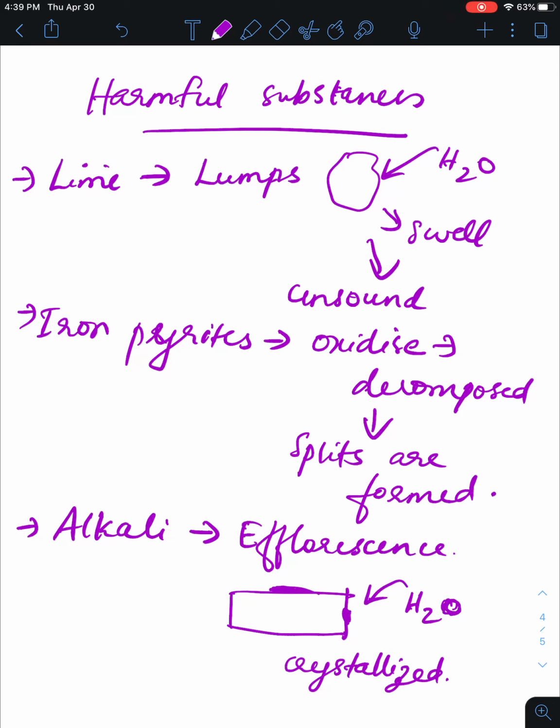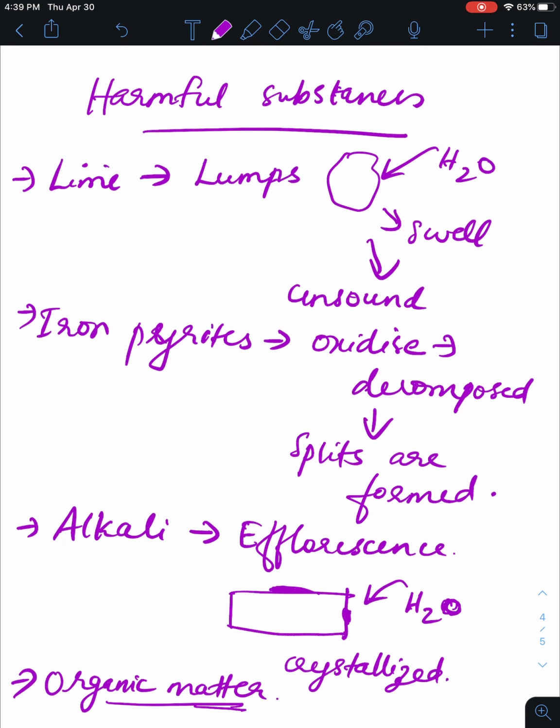Then the other one is organic matter, like vegetables or other organic materials. If it is present in the brick, what will happen?